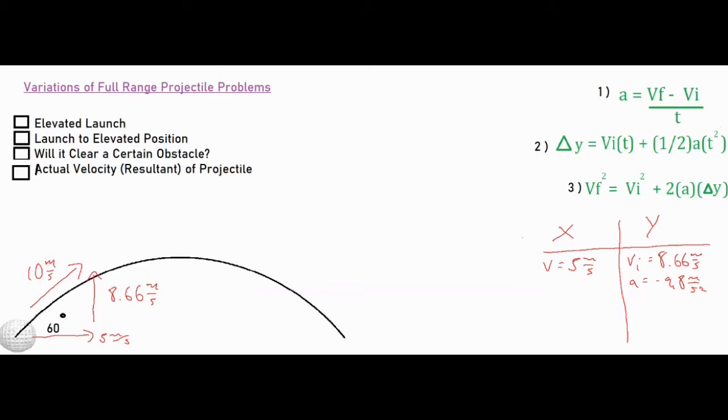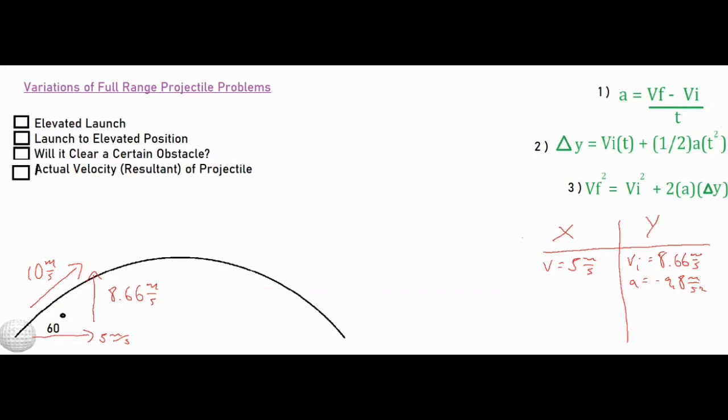Okay, so for the first one, what we're going to do is take a look at an elevated launch. So typically, if you're solving for the time of a projectile, you would use that final velocity of negative 8.66 and the initial velocity of 8.66 and the negative 9.8 meters per second squared, and then you could plug it into formula number 1 to solve for time. Okay. If you're working with an elevated launch, you won't be able to do that.